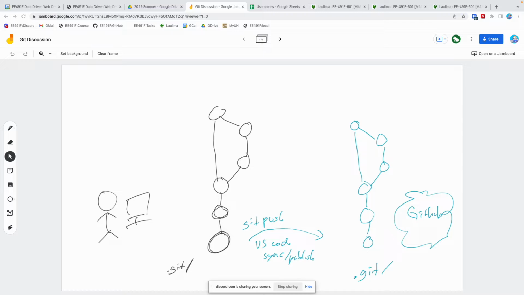If I didn't draw it this way, it could have all been in one line, and that's still a valid branch. So it's kind of a notional thing. A sequence of commits is all of branches.